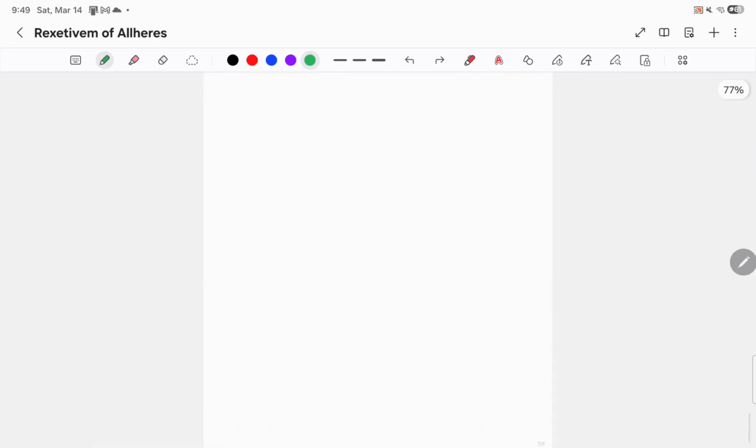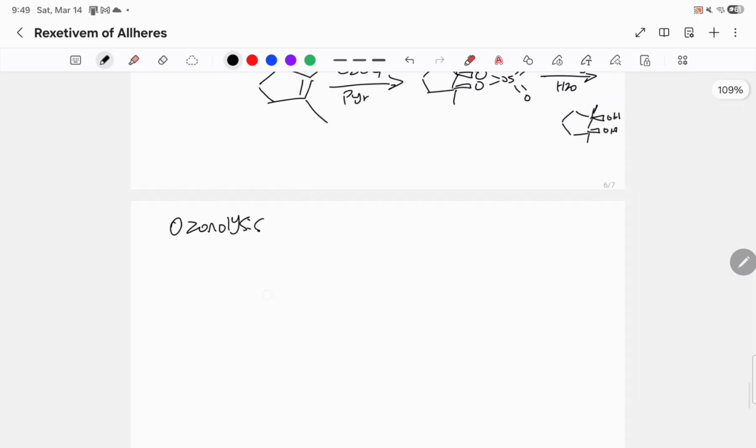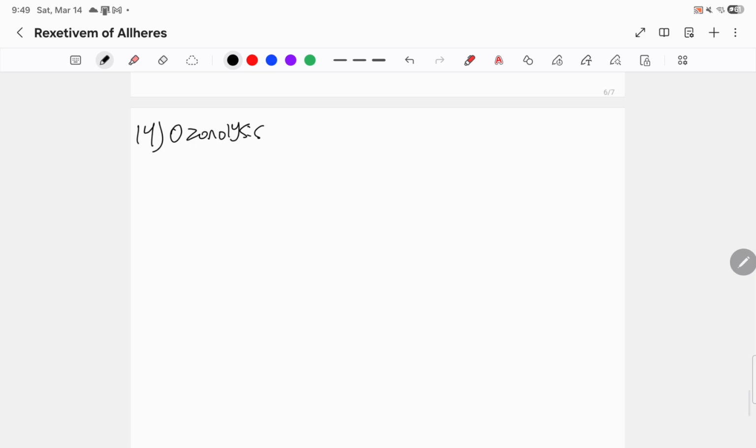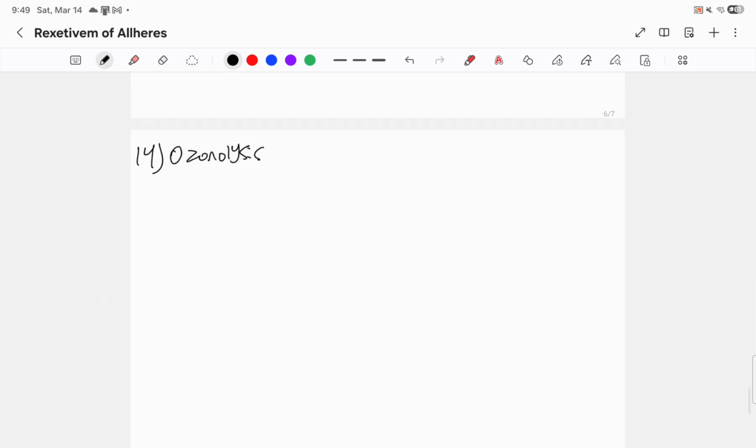And again, for these last few, I'm not going to show you the mechanism because it is a difficult mechanism to cover. But one of them is called ozonolysis. And as you can imagine, it uses ozone or O3, right? So this is reaction number 14. And it is an oxidative cleavage reaction. So what does that mean? Imagine you have this alkene, right?